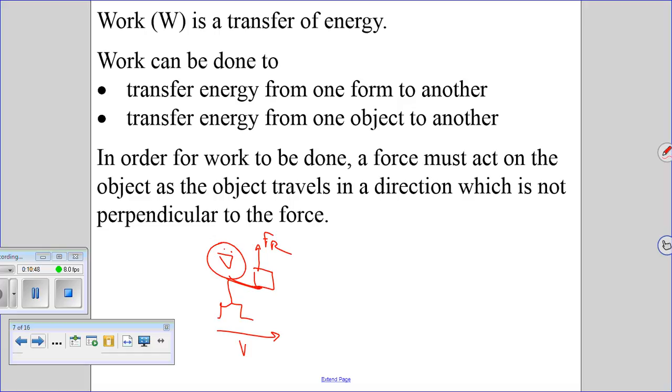Even though he's going to get tired from holding that thing, technically speaking, according to our physics definition of work, he's not doing work because the force is perpendicular to the direction of motion. The only way that work is done is if there's at least some component of this force that's not perpendicular.